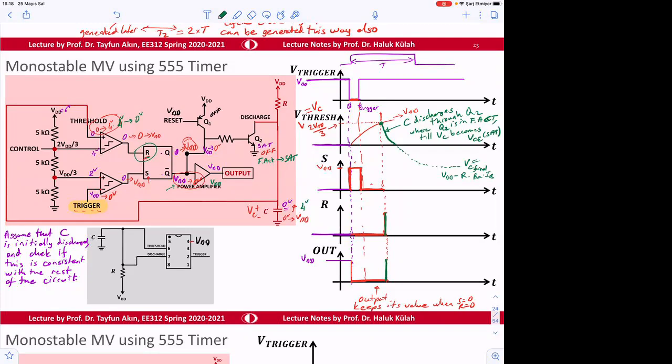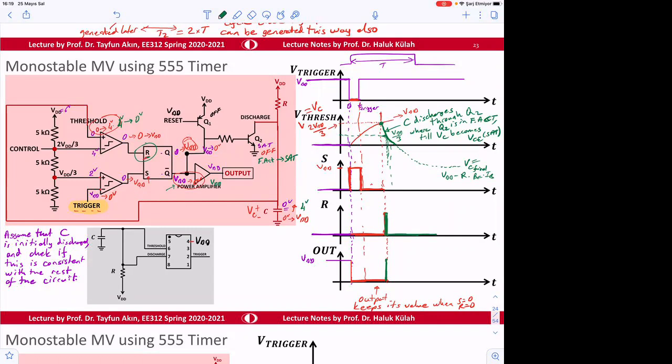So this way, during that time until here, the voltage here, which becomes like VDD divided by 3, the R, no, R actually goes to low right away. It remains here a very short while, and then it goes back, and then it's going to be like this.